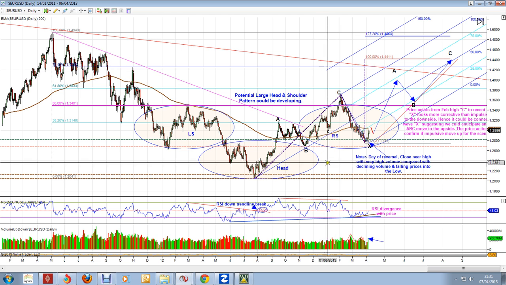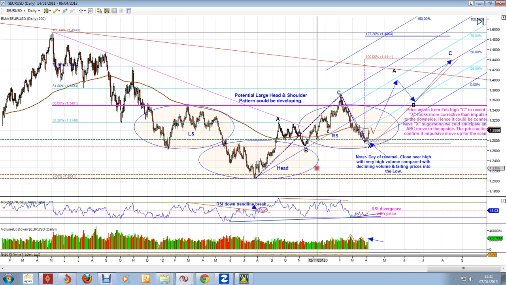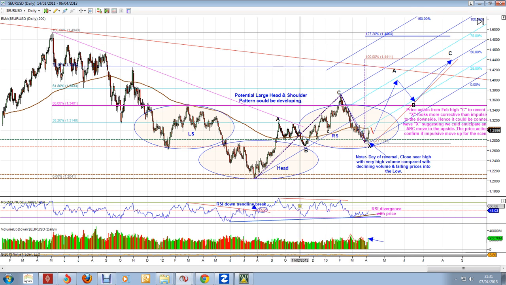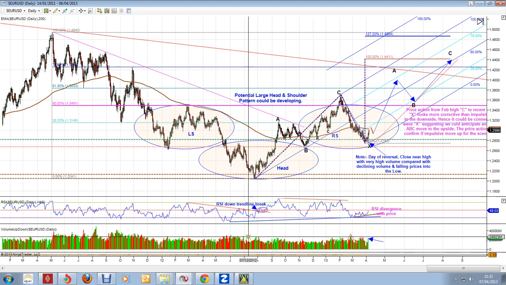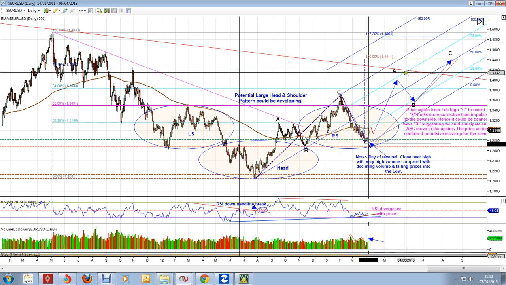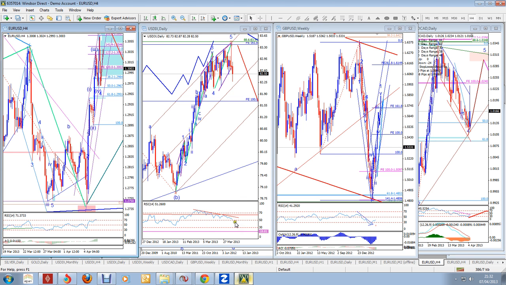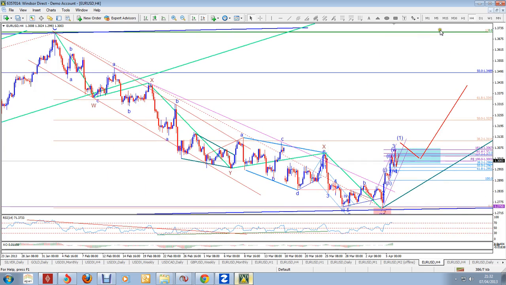So that is my current view, that we are looking for euro to go up, and eventually if we understand that this euro is forming an X wave and is going to do ABC to the upside, then it should do what we just outlined on this one here.